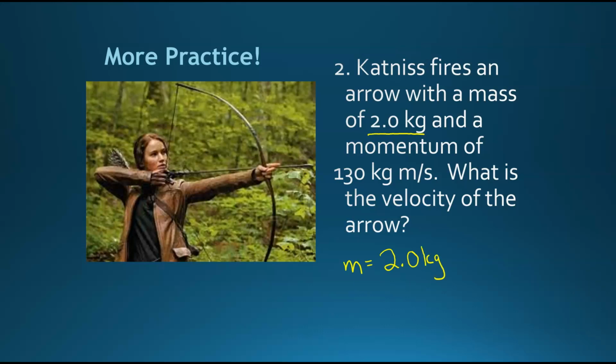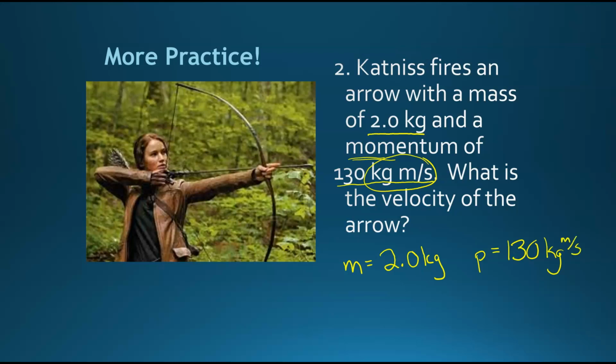And we also know that this arrow has a momentum of 130 kilogram meters per second. So that's P. We know that because it says momentum here, and we know it because of these units, kg m/s. Whenever you see those units multiplied together, kg and m/s, that is a momentum unit.